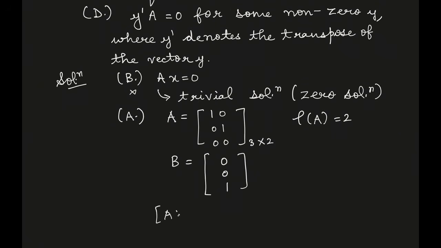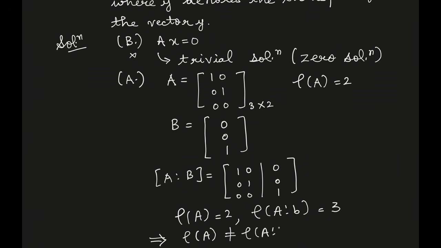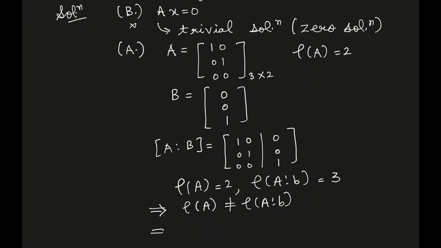Augmented matrix 1 0 0, 0 1 0, 0 0 1. Rank of A is 2. Rank of A augmented b is 3. This implies rank of A is not equal to rank of A augmented b. This implies no solution. Is it clear?